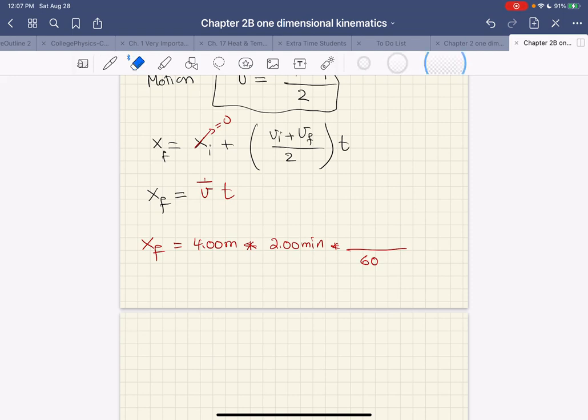I want to convert this. What did I say? Yeah, 1 minute is going to be 60 seconds. And doing this, I will say that the x final is going to be 480 meters.